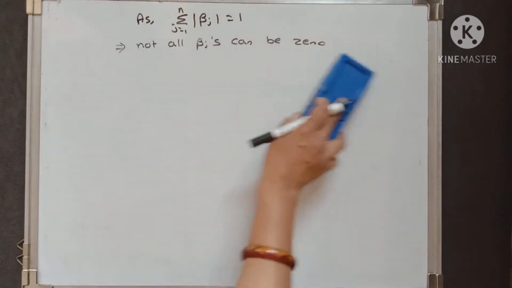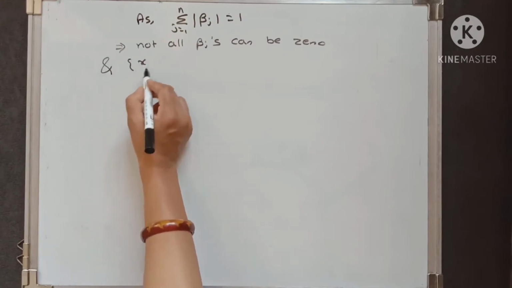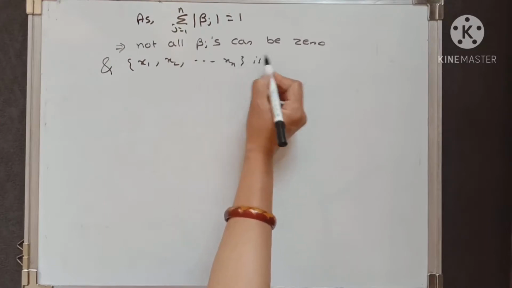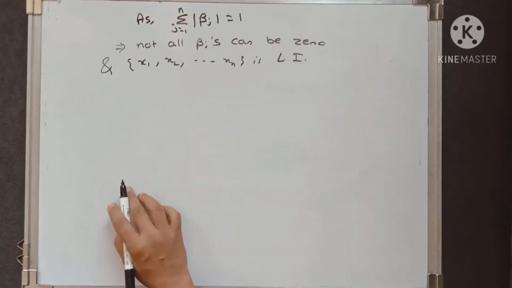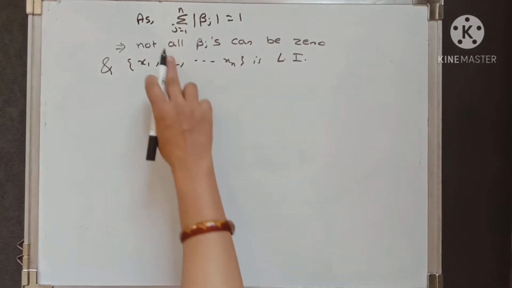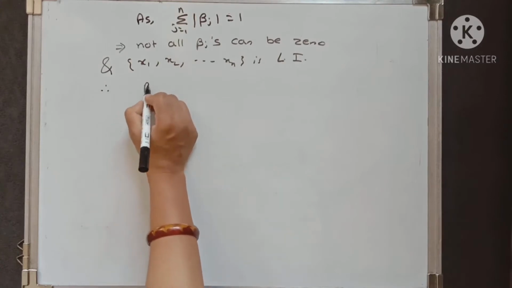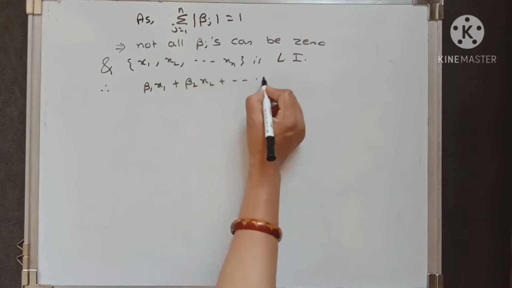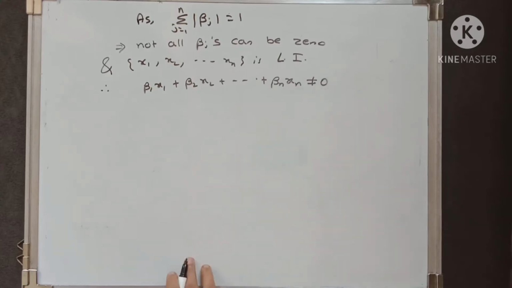As not all beta j's can be 0, and here we are given that the set of vectors x1, x2, up to xn is a linearly independent set of vectors, therefore beta 1 x1 plus beta 2 x2 up to beta n xn is also not equal to 0.